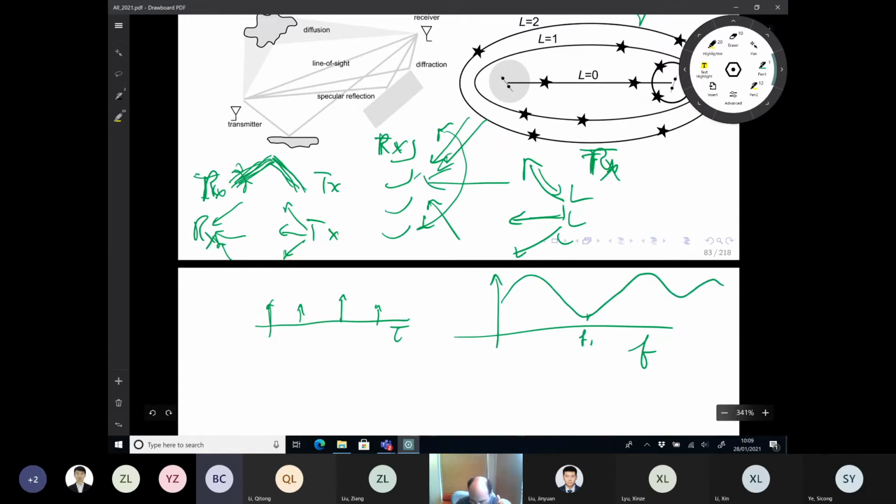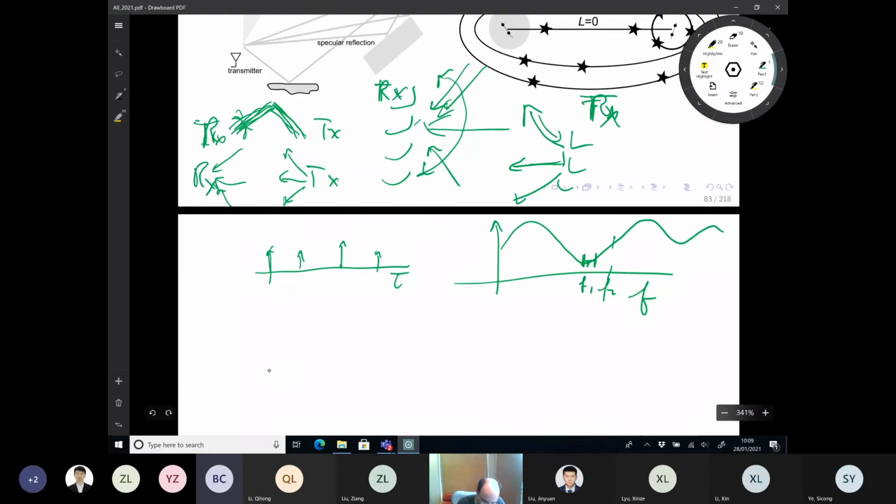If I operate at frequency 1 or frequency 2, I can have very different behavior of the channel. So in this module, we don't really look much at frequency selectivity, but we always assume we have narrow bands. So we always assume that our bandwidth is within the coherence bandwidth of the channel. But you could have that, right?